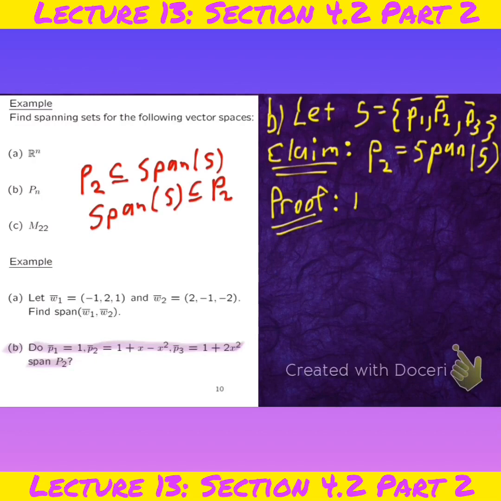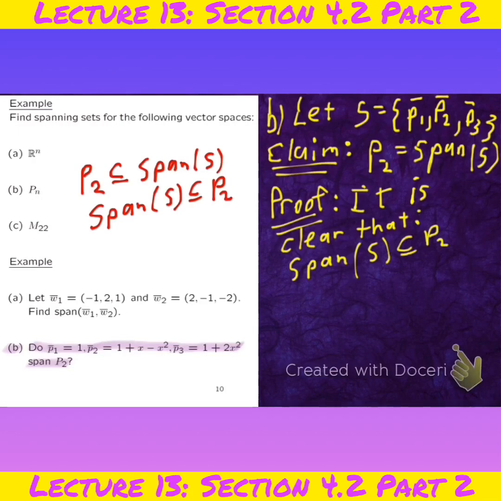All right, now I can say the following, and I want you to answer me why this is the case. It is clear that the span of S is contained in P2.